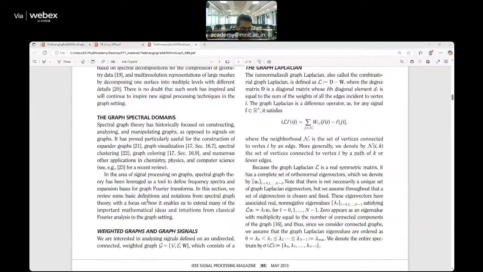Thereafter, it has been shown what the graph spectral domain is. Remember, representation is one part, but whenever you deal with mathematics, whether it leads to any meaningful thing can't simply come from one calculation. It needs to be supported by many other concepts.